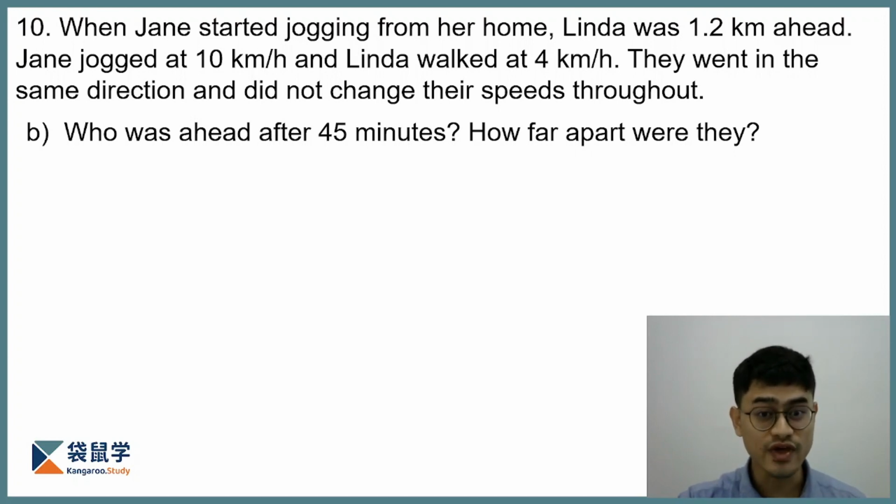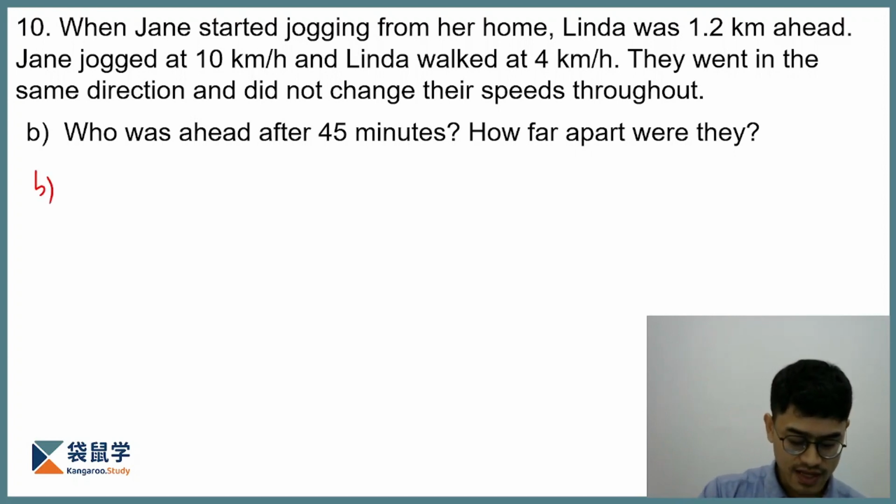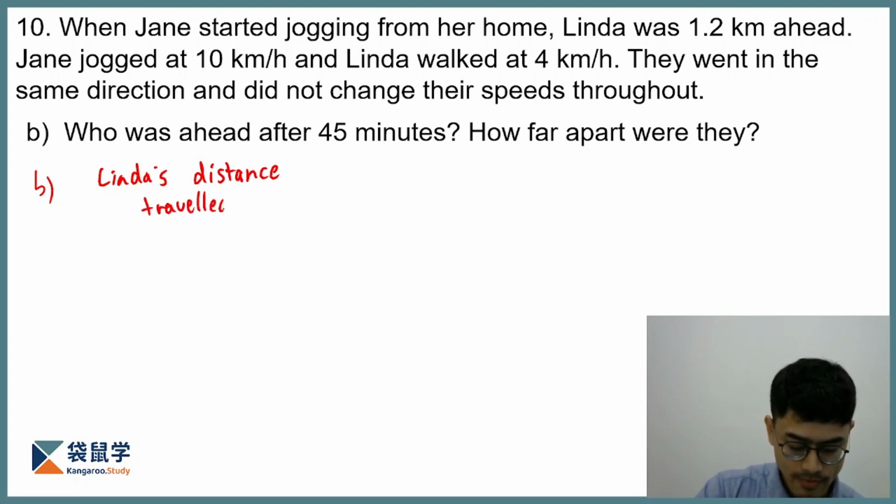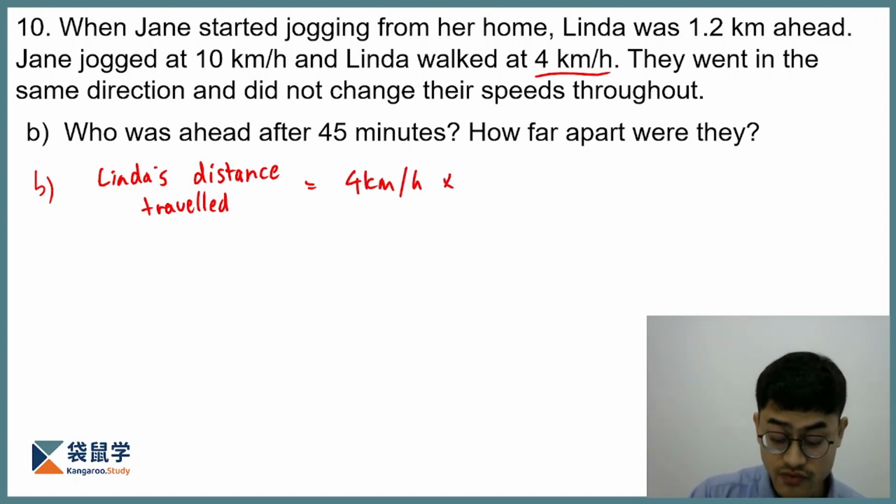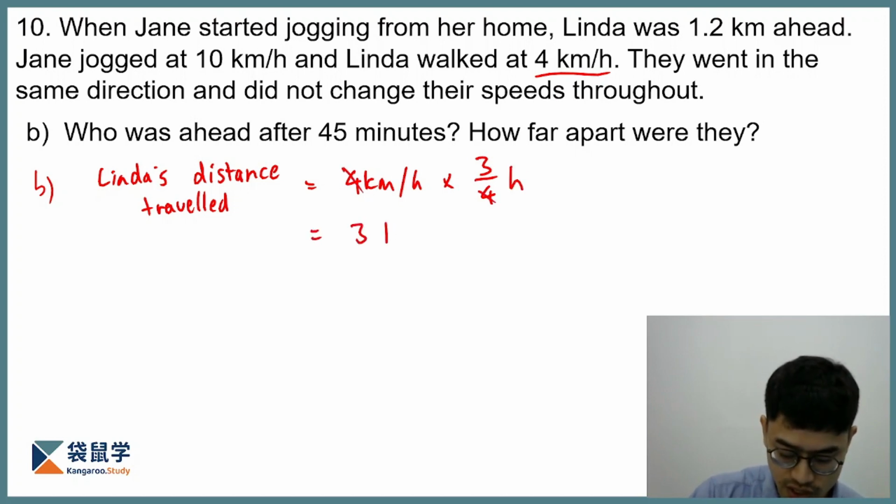And in order to know that, we need to find Linda's distance traveled as well. And we just need to compare. So Linda's distance traveled will be given by Linda's speed, which is 4 kilometers per hour, multiplied by 45 minutes as well, which we now know to be 3/4 of an hour. Easy cancellation here to be 3 kilometers.